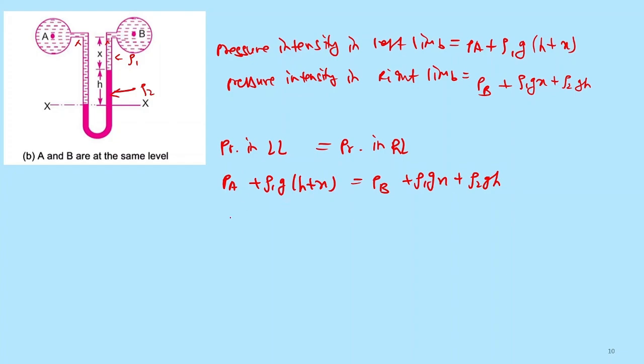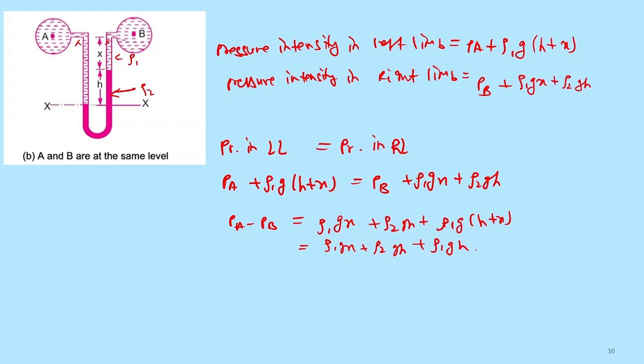So from here we can solve it like PA minus PB equal to rho 1 g x plus rho 2 g h plus rho 1 g (h plus x). Sorry, there is a mistake.